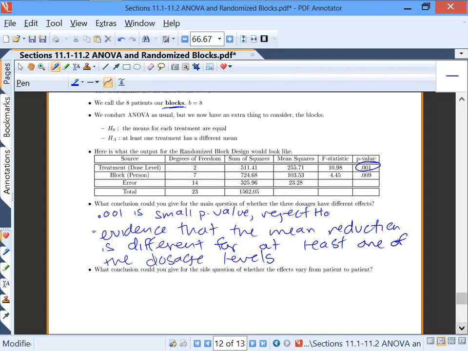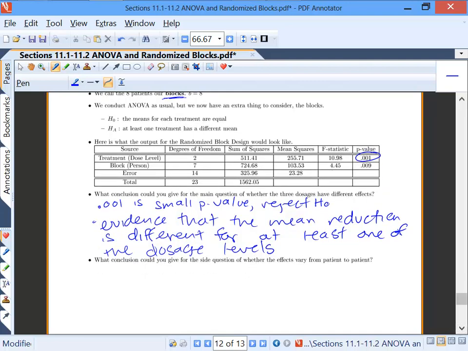Interestingly, because we did all this work, we can also look at the side question, which we didn't care about quite so much but could still be interesting: did the effects vary from patient to patient? To see that, you go back up to the ANOVA table and look at the block or person row.